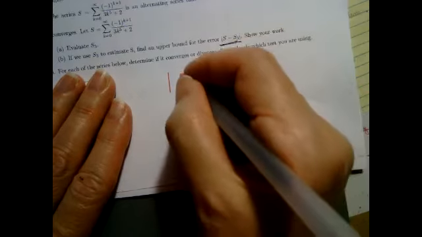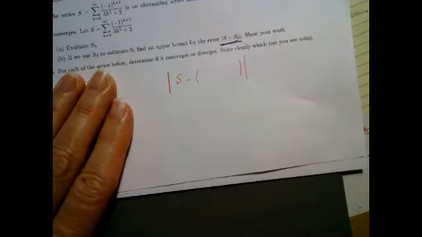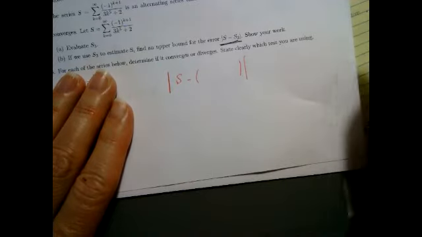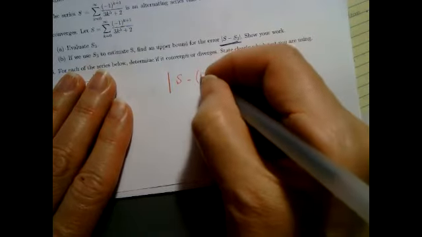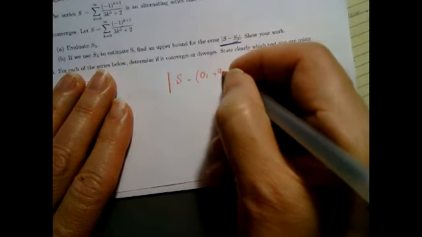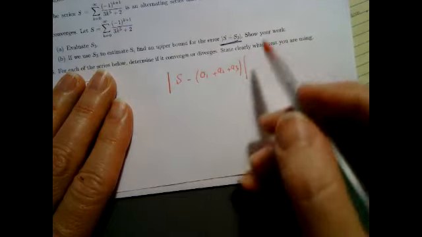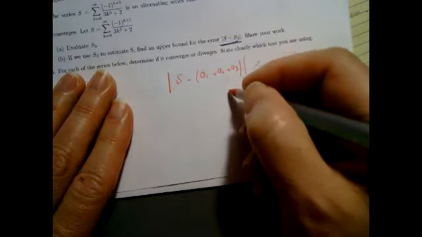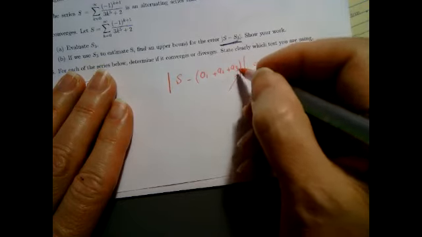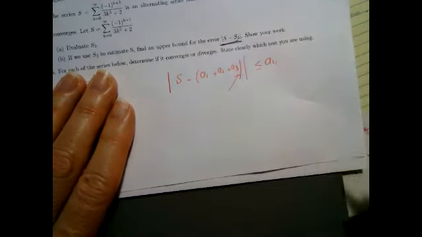Suppose we have S3. So S3 is you're adding the first 3 terms, whatever they are. I don't know what they are. So suppose I call them A1, A2, A3. Then the error is always less than the first term you neglect after A3. So it's going to be less than A4.